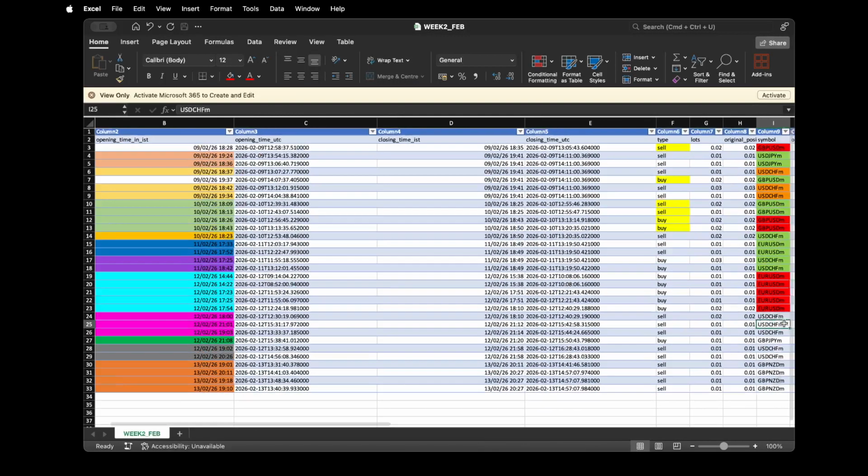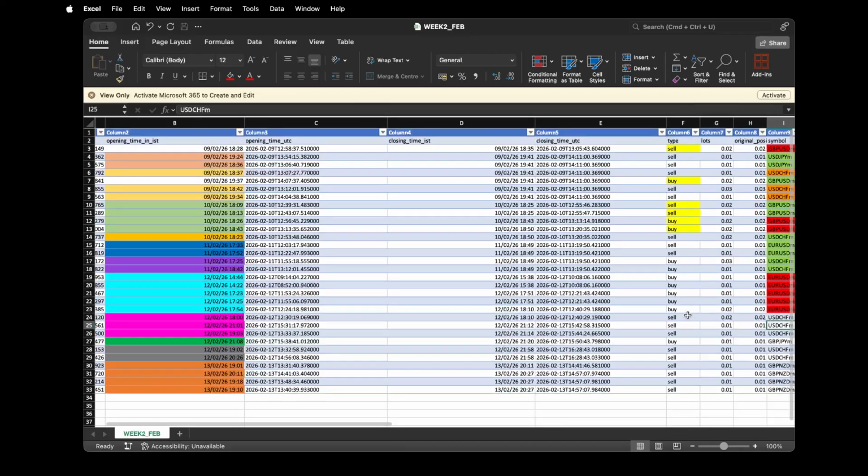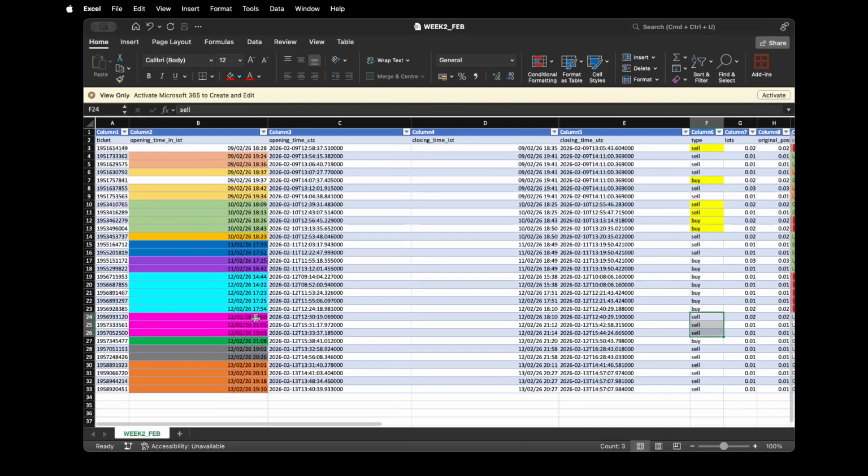So USD CHF, sell USD CHF at exactly 6 o'clock.